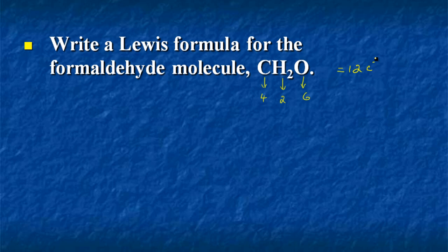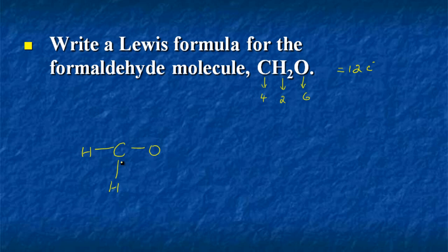Who goes in the center? Carbon goes in the center, and we are going to place the other elements around it, and we connect the outer elements with the central atom. How many electrons have we used so far? 6 electrons. How many more do we have to use? 6 more.